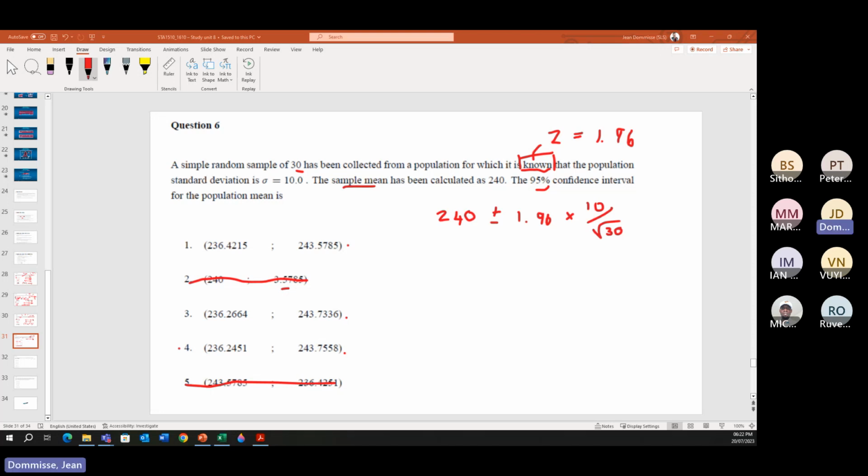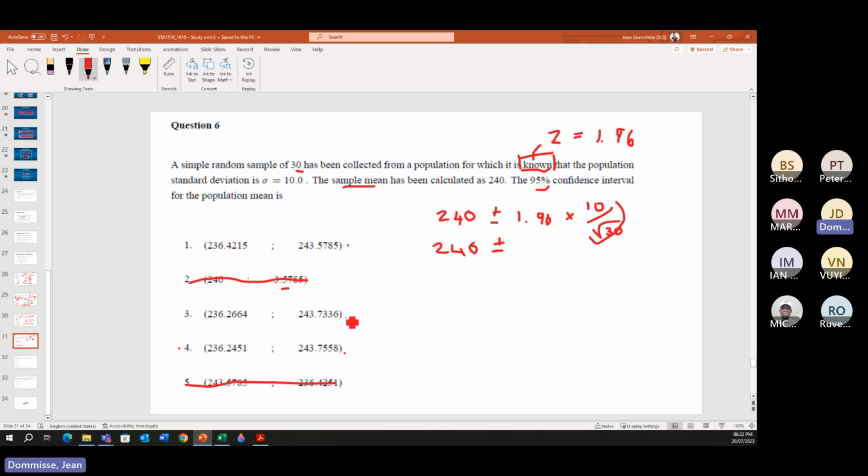So if I have 10 divided by square root of 50, that will be 1.4142. So if I then multiply that by 1.96, I get the 3.5785, so 240 plus minus 3.5785.